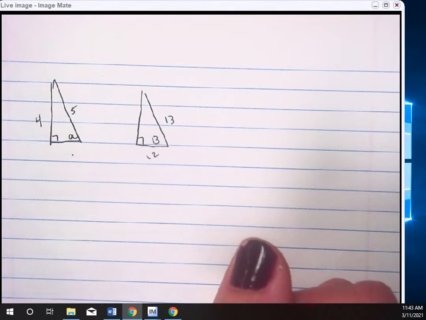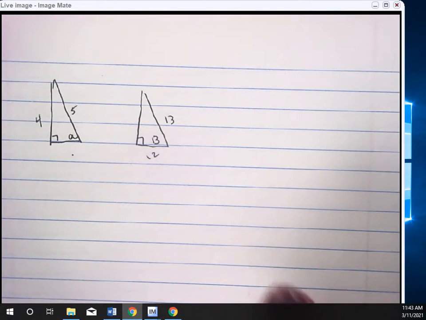Could you do the formula? And what formula? Okay, so what do I need? The adjacent side. Yeah. I have a 4 and a 5. How do I find the other side? You could use the Pythagorean theorem.